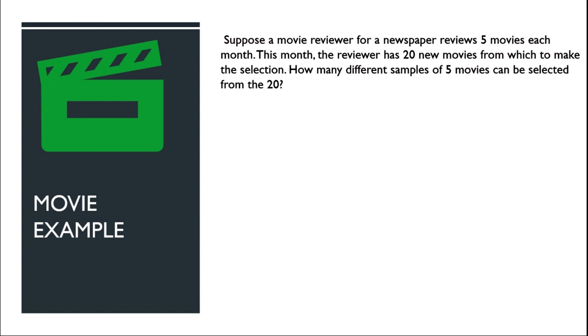Here is an example. Suppose a movie reviewer for a newspaper reviews 5 movies each month. This month, the reviewer has 20 new movies from which to make the selection. How many different samples of 5 movies can be selected from the 20?